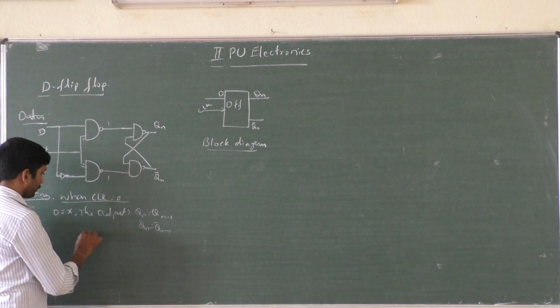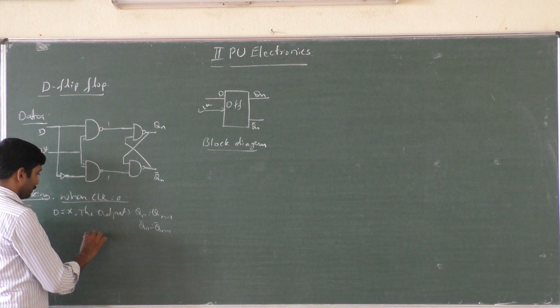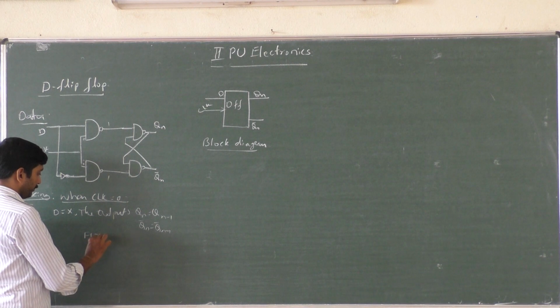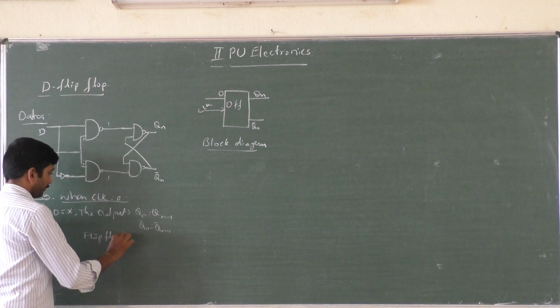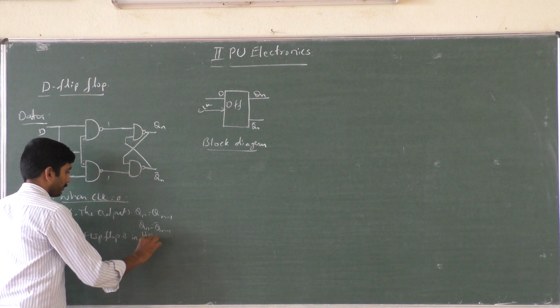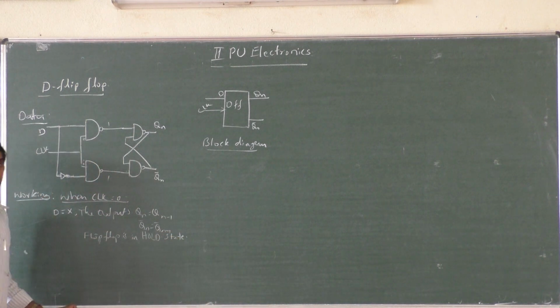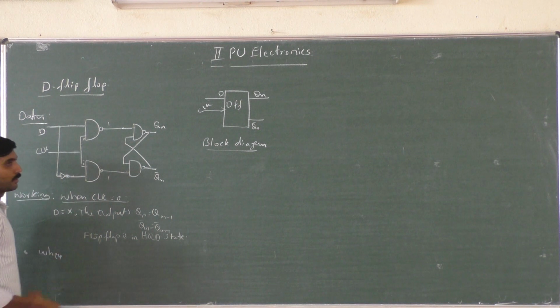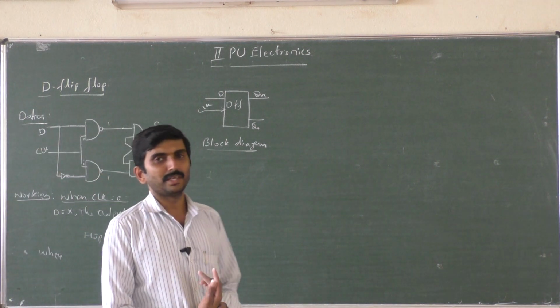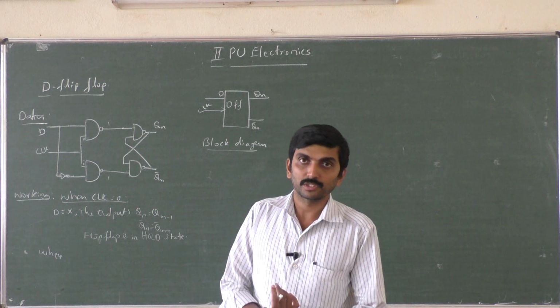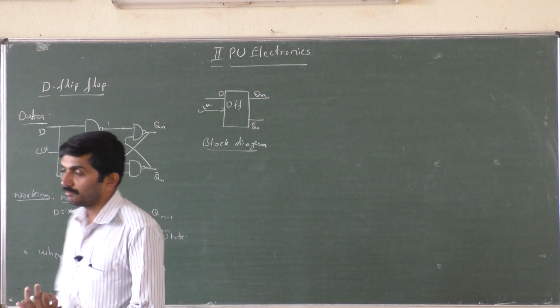Okay, next, when clock equal to 0, we need not apply the inputs, so we cannot change the output of the D flip-flop.